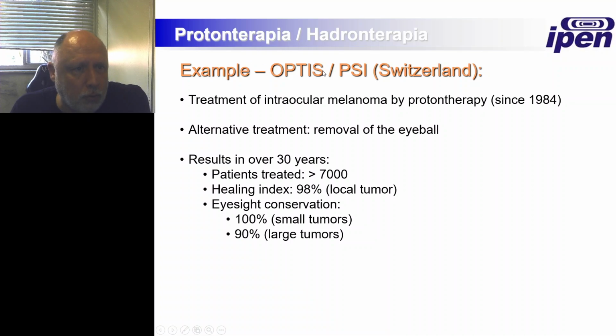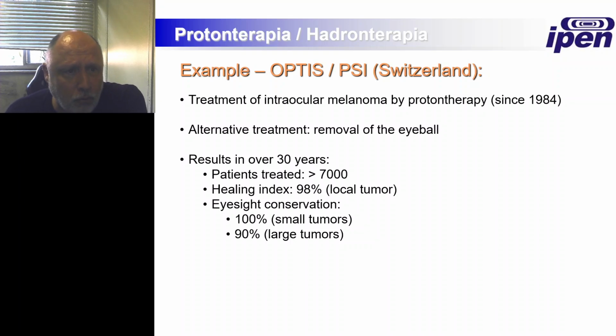This Optis machine is exclusively for treatment of intraocular melanoma. So you have a melanoma inside your eye, and the only other treatment for this is the complete removal of the eyeball. So of course, if I remove your eyeball, that eye won't work anymore, right?